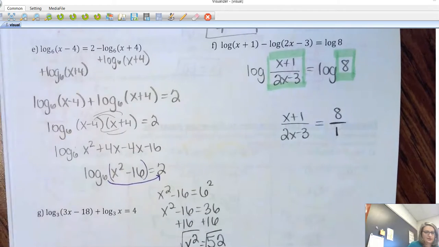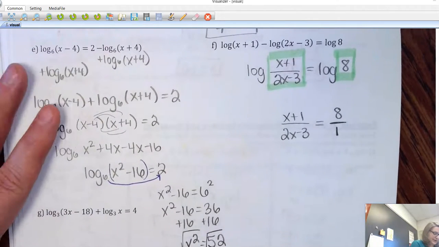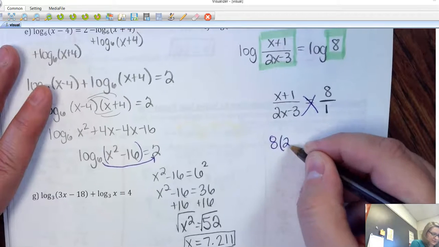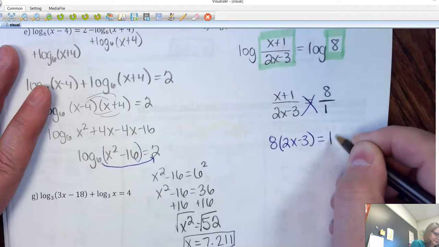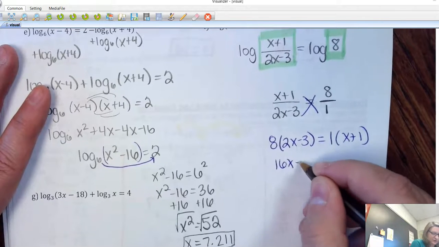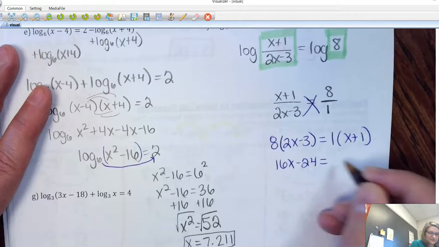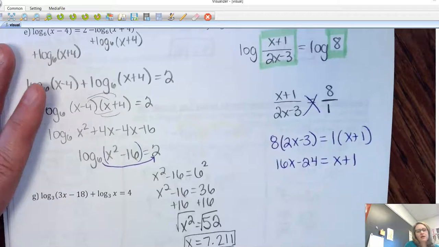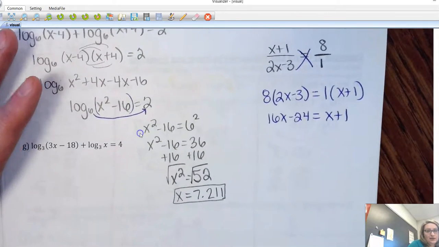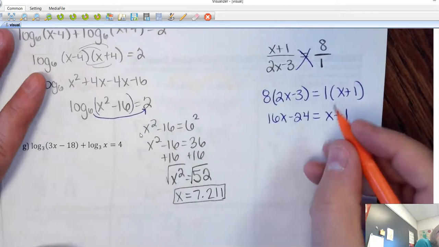And then let's just do a proportion real quick. So we'd have to do, with our cross products, a little distributive property here. And really, I only have to do that with the 8. This would be 16x minus 24. 1 times x plus 1 is just going to be x plus 1. And then up to you, I'm going to do 2 steps in one here, and I like to try to keep my variable positive if I can.